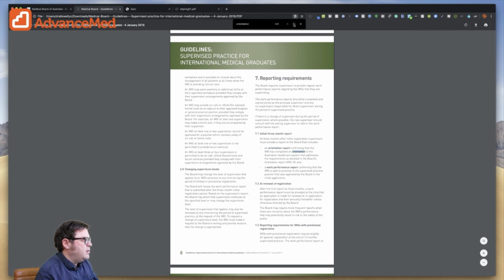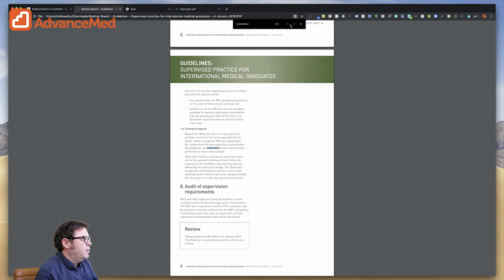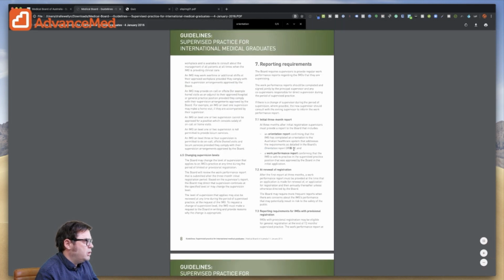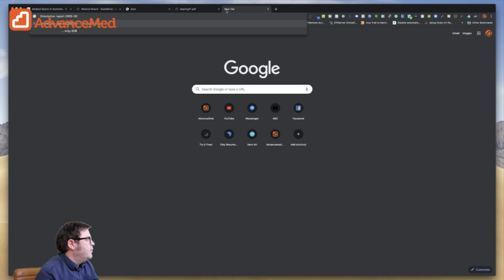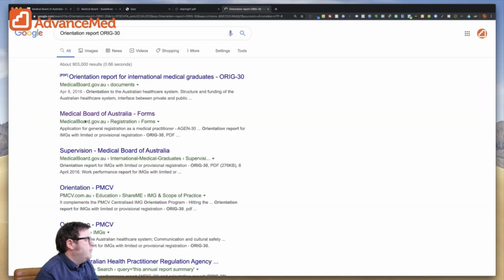Okay, so there's a specific guideline for the orientation report, which, look, I'm going to assume it's probably one of all of the above. It should be, because these are all things that are not well understood when you're coming as a doctor from overseas in Australia. They're very specific to the context. Let's just look it up, see whether we can find it.